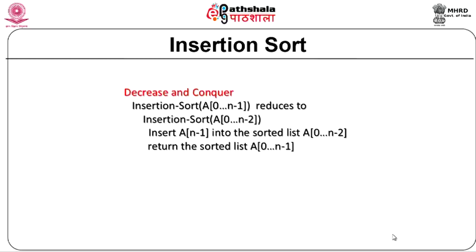So, insertion sort A 0 to n minus 1 is reduced to insertion sort A 0 to n minus 2. Now the n minus 1th element should be added into the sorted list A 0 to n minus 2, so that we get the sorted list for A 0 to n minus 1. In other words, this is how insertion sort is applied.